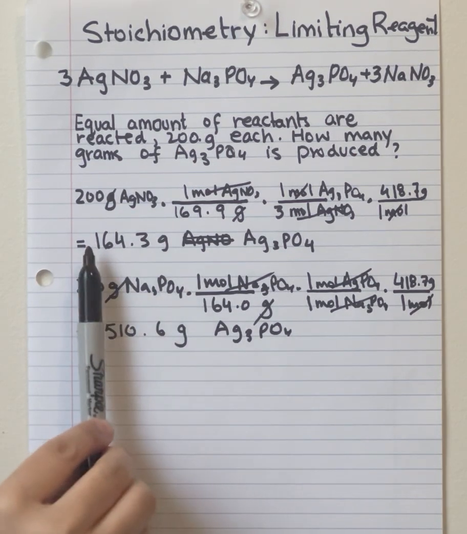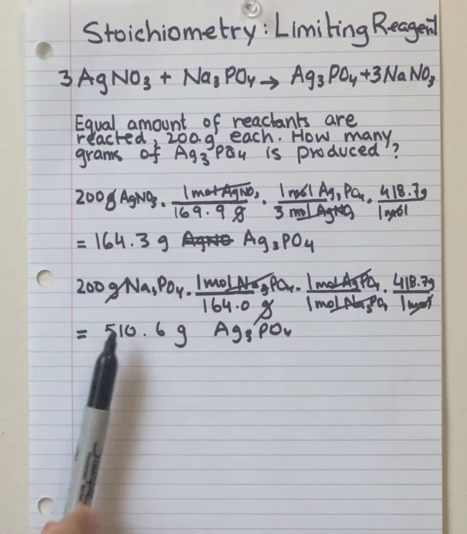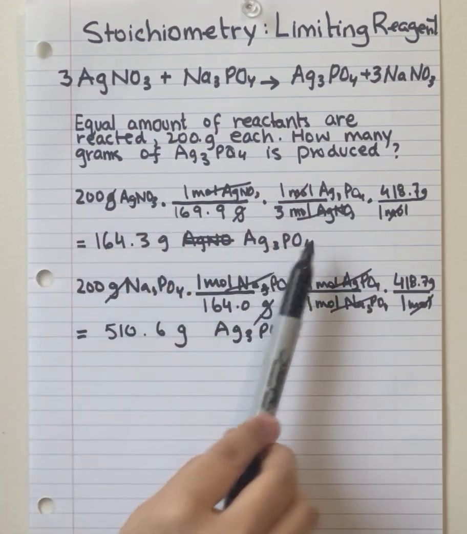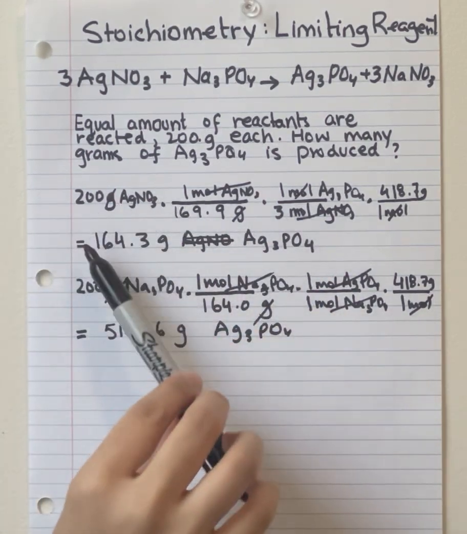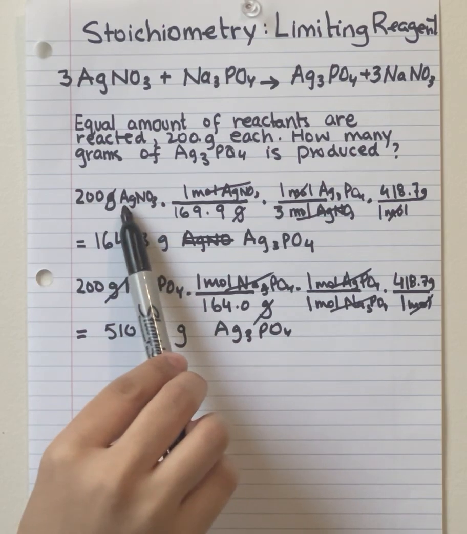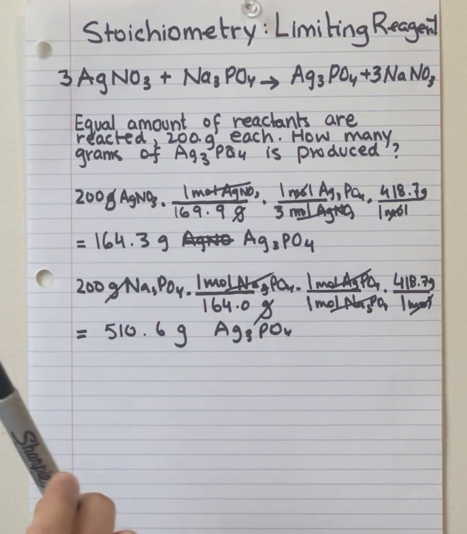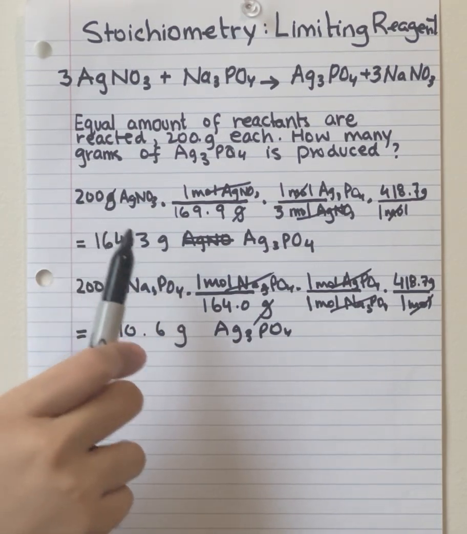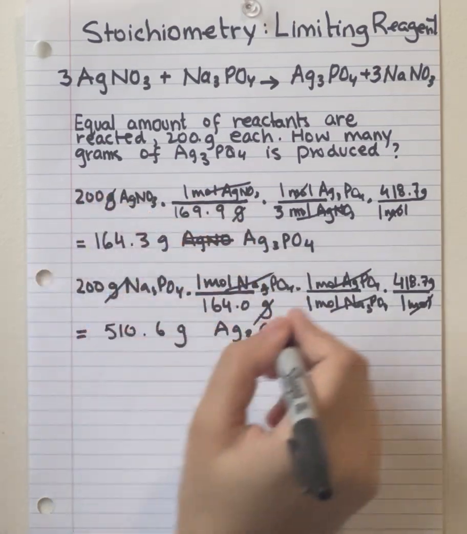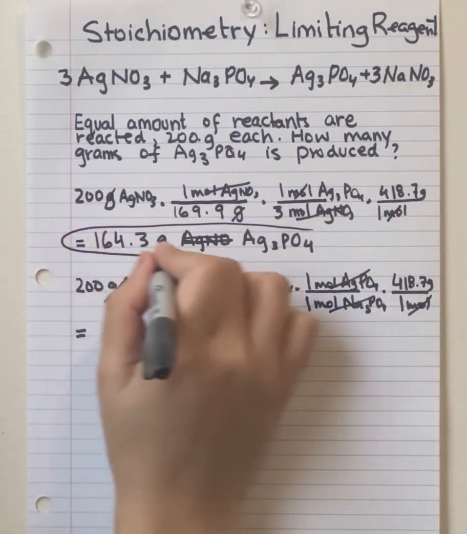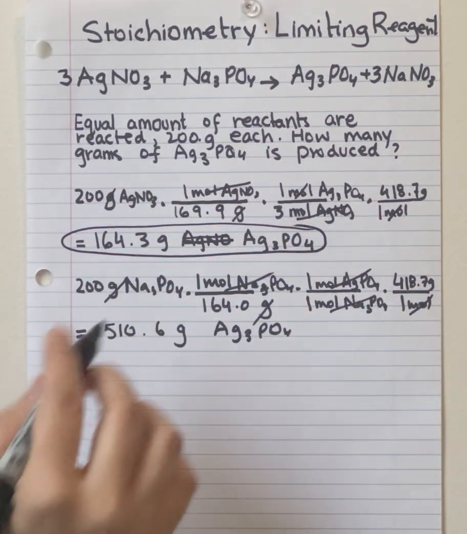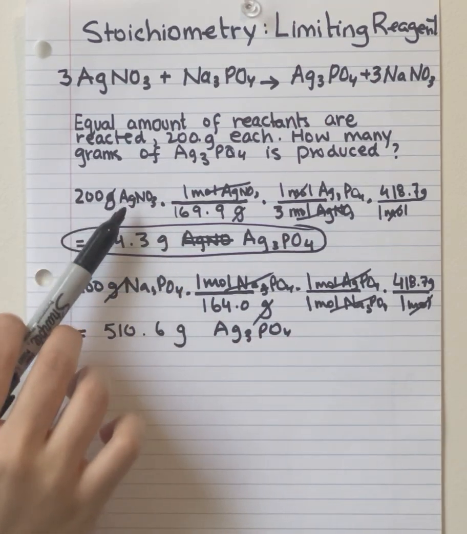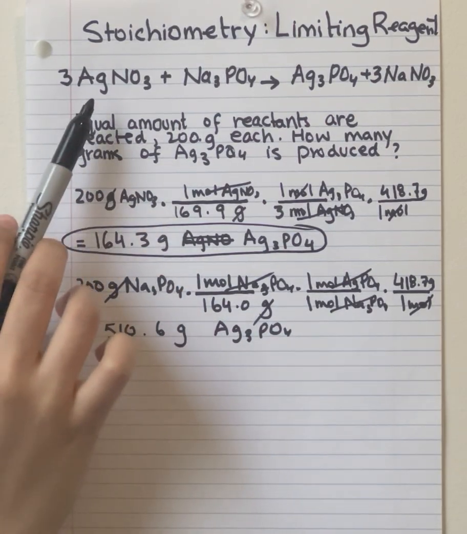Since 164.3 is the smaller number, it means the limiting reagent is going to be silver nitrate. Silver nitrate is our limiting reagent since it produced less of our product. So this is how much we're going to produce when we react 200 grams of silver nitrate.